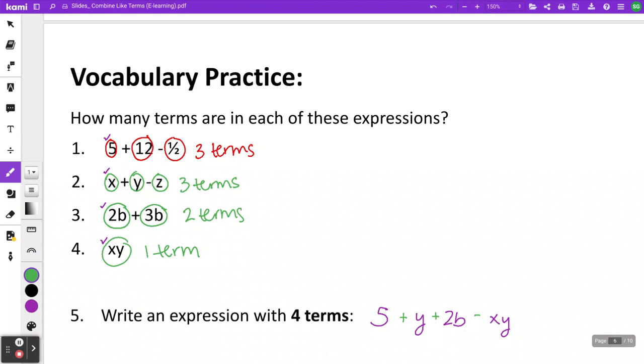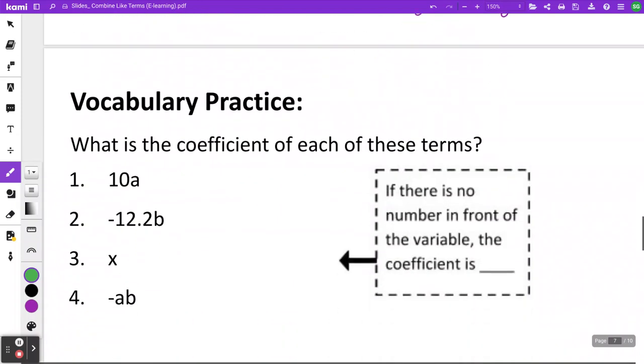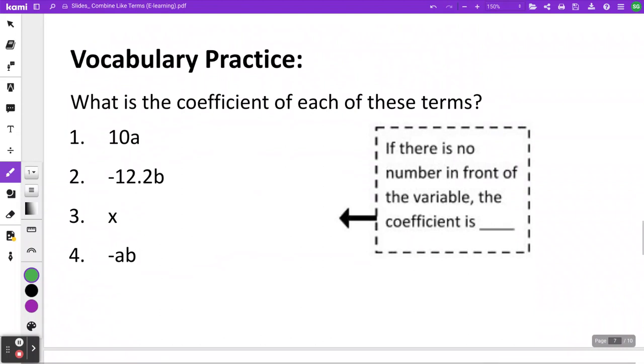At this point in the lesson, I'm hoping you're feeling a little more confident on what a term is. There was that other new vocabulary word we had, which is coefficient. And so the second part is going to be some practice on that. The question in the second part is, what is the coefficient of each of these terms? So for number 1, what is the coefficient? Do you remember coefficient?